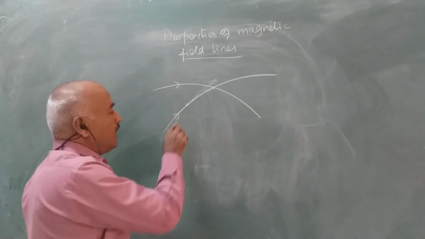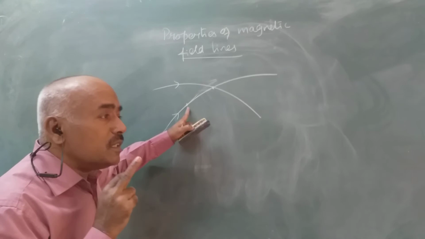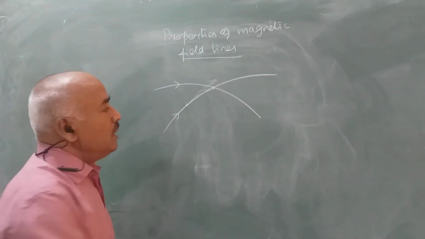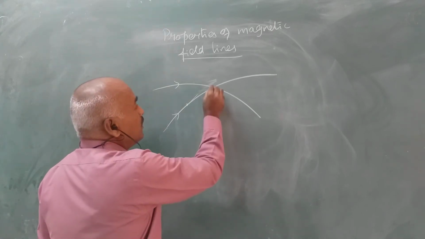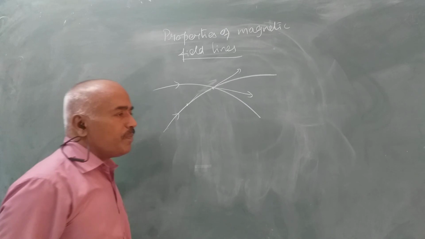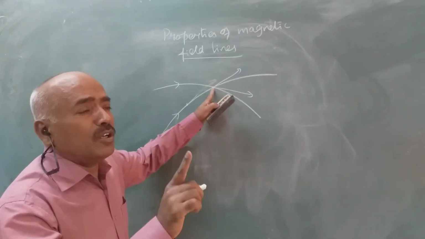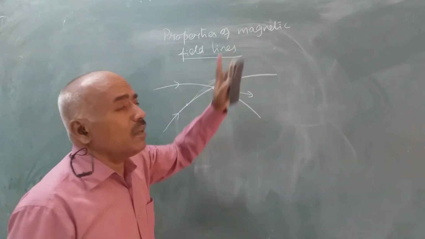At any particular point, the unit north pole tends to move along the tangent. Here also, at this point, there are two tangents, one for this line and another for this line. That means the single unit north pole tends to move along this direction and also along this direction.